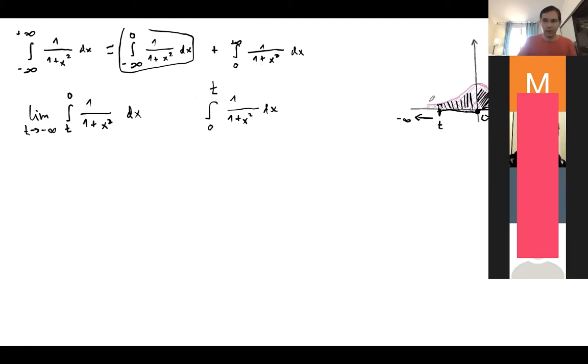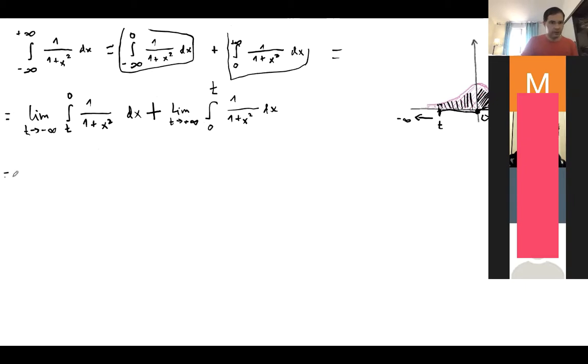And I want to see what's happening when this area goes to positive infinity. So I compute the limit of this when t is approaching positive infinity. So this is exactly the other integral. So plus this one. This is the first one, this is the second one, and now we have to evaluate one at a time.